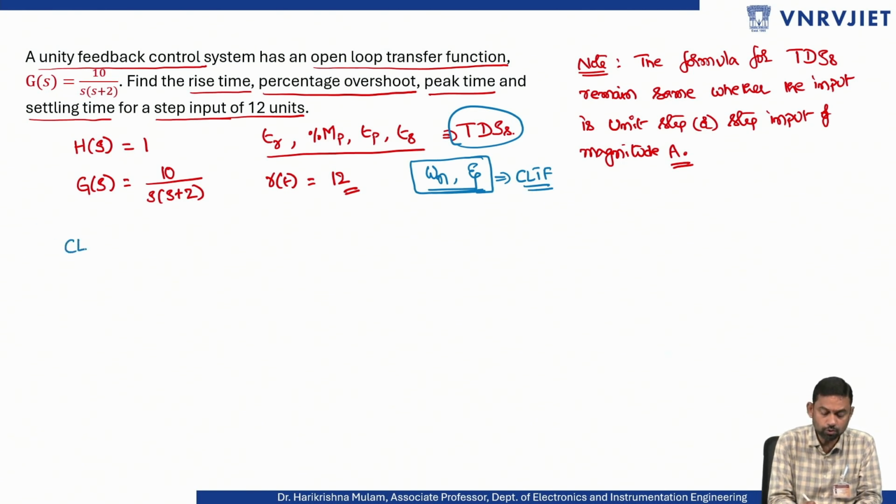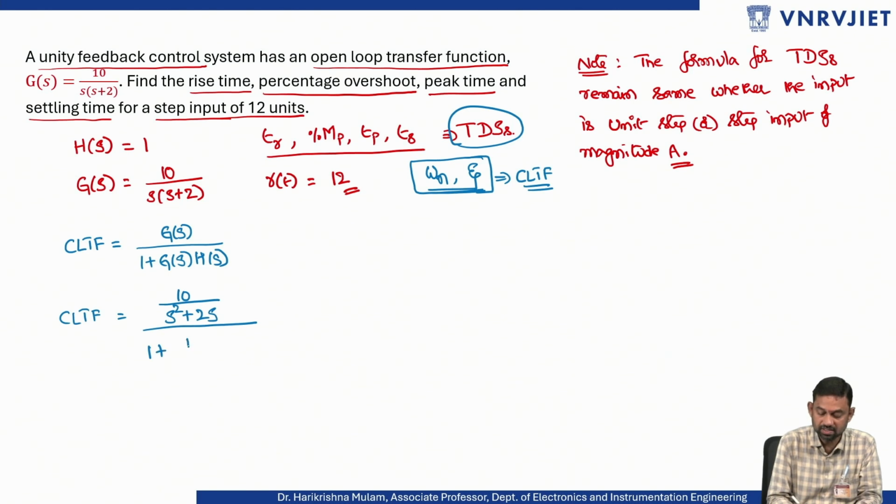To find the closed loop transfer function, the formula is the open loop transfer function G(s) by 1 plus G(s)H(s). Therefore, the closed loop transfer function is equal to G(s), which is 10 by (s square plus 2s), whole divided by 1 plus G(s), which is 10 by (s square plus 2s), into H(s), as it is a unity feedback system.